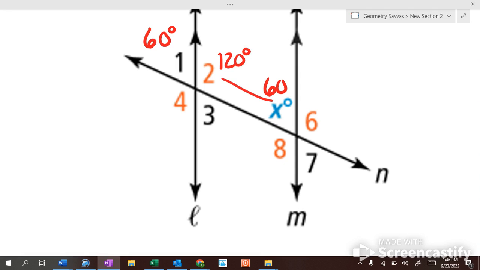What would angle 3 be? 60 degrees, because these are alternate interior angles. Okay? What would angle 4 be? 120, because it's a linear pair with this 60, or vertical angles with that one. What would angle 8 be? 60. See how the pattern goes, okay?